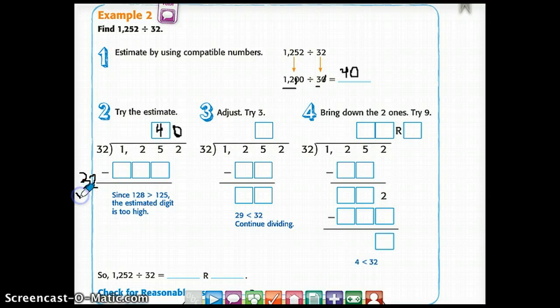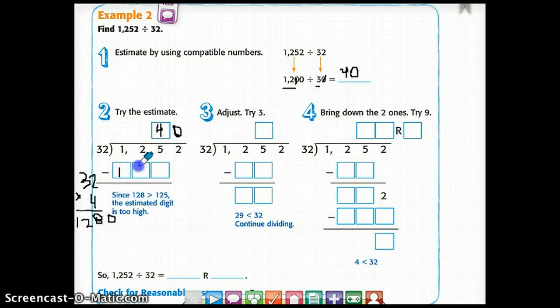I can just do my basic fact there, 32 times 4, and then put that 0 on at the end. So 2 times 4 is 8, and 3 times 4 is 12. If I put that 0 on, I get 1,280. So I can put that in here.